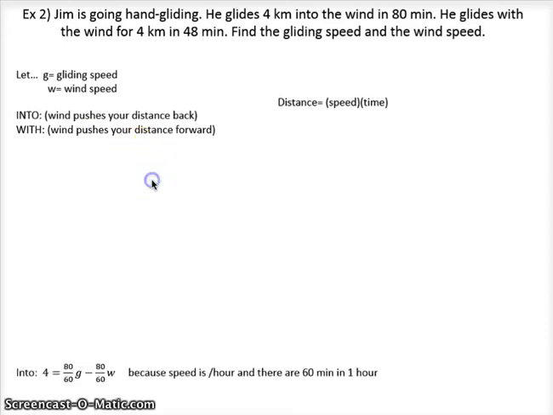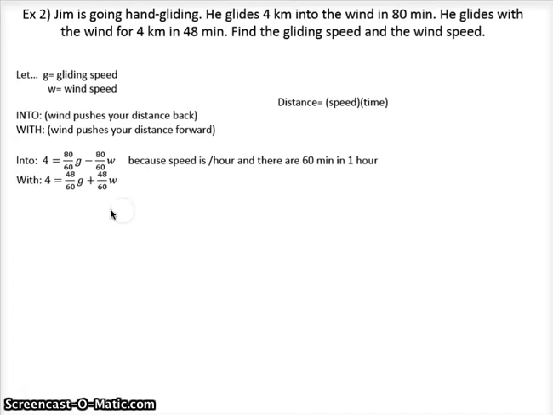So knowing that, we can create our two equations. Into the wind, we travel 4 kilometers. Distance equals speed times time. So our speed is our unknown, and the time, because it's 80 minutes, speed is in terms of per hour.